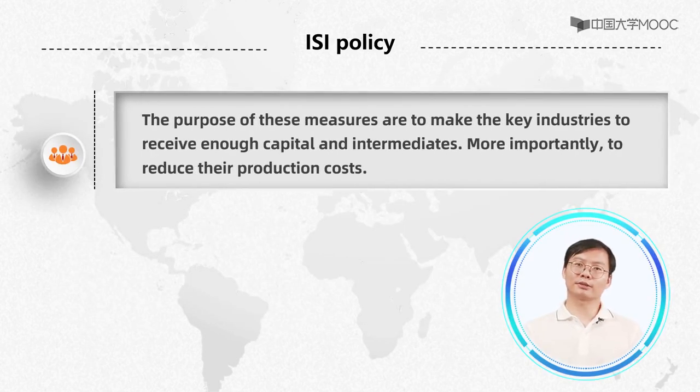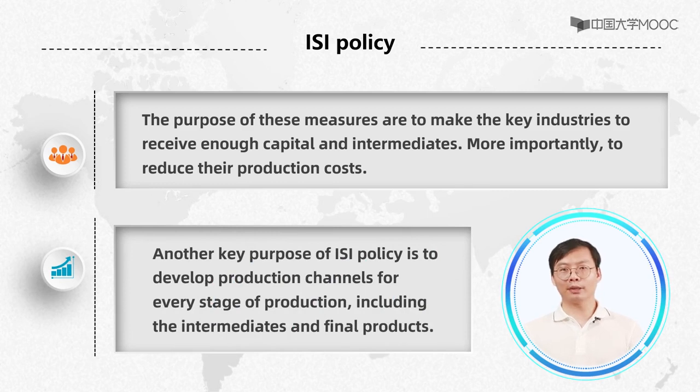The purpose of these measures is to make the key industries receive enough capital and intermediates, and more importantly, to reduce their production cost. Another key purpose of ISI policy is to develop production channels for every stage of production, including the intermediates and final products.